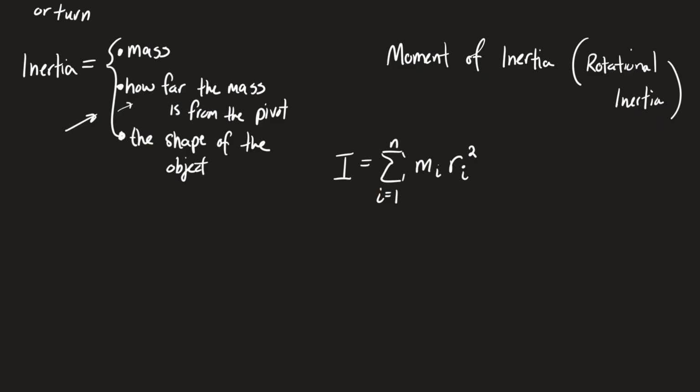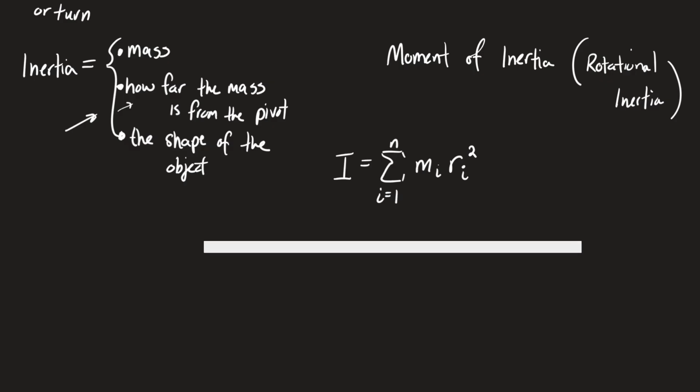I know some of you know what summation symbols look like and some of you don't. So we're going to use a simple object as kind of our basis of discussion. We're going to look at a meter stick, and we're going to talk about taking that meter stick and rotating it about its end. So this is where the pivot point is going to be. Now this is just one big object.